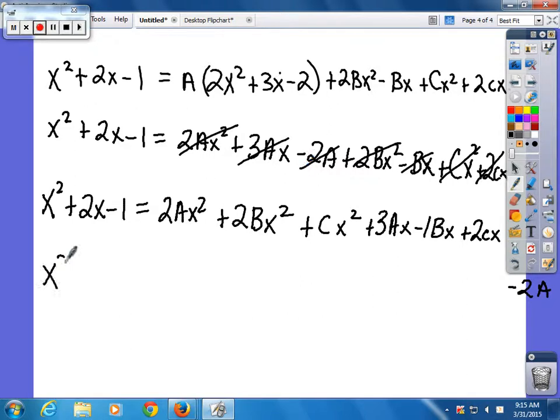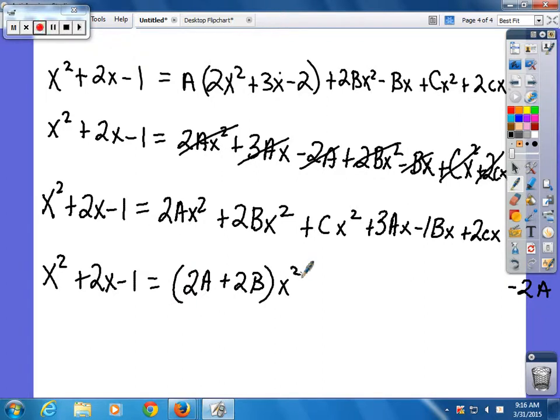X squared plus 2x minus 1 is equal to 2a plus 2b times what? X squared plus, no, let's see right here.